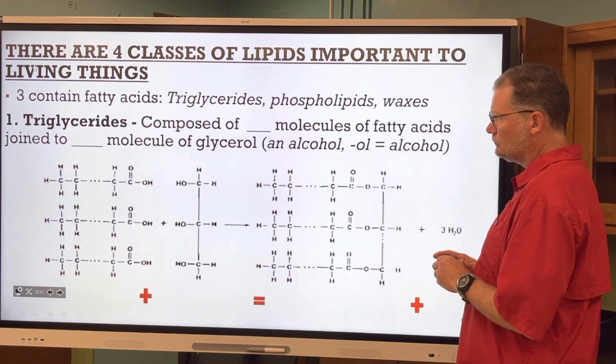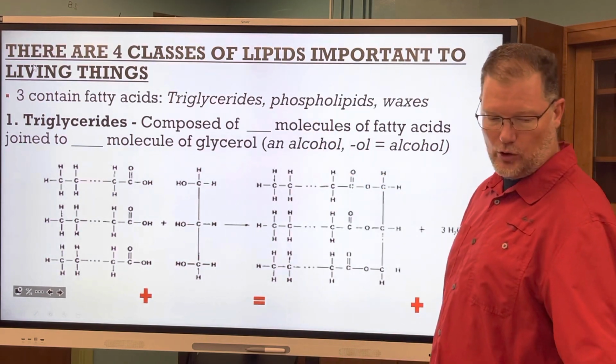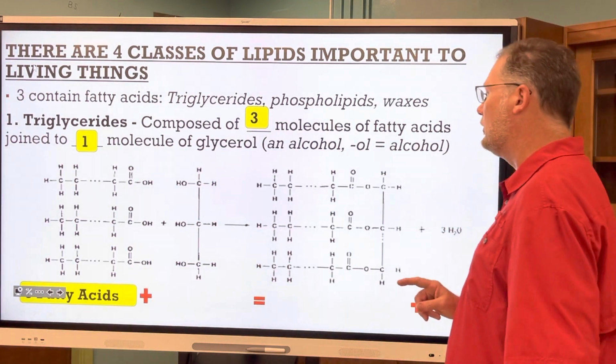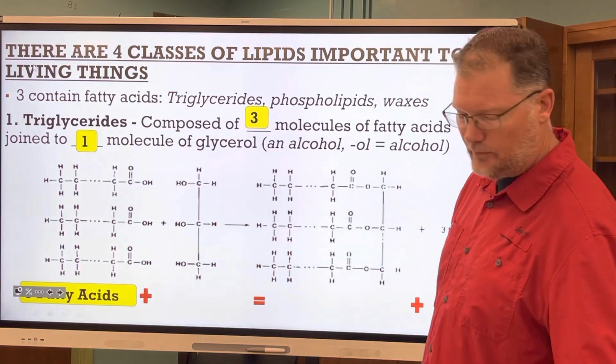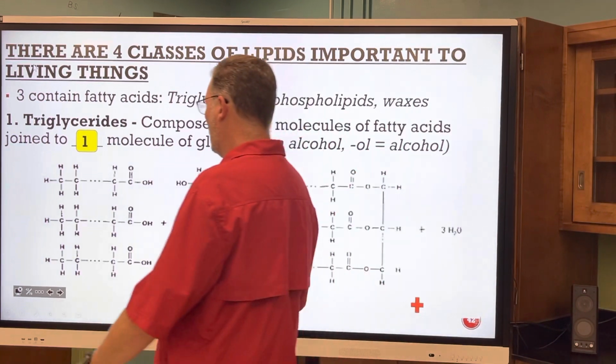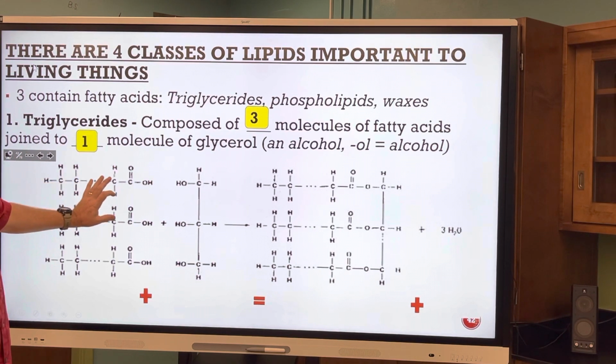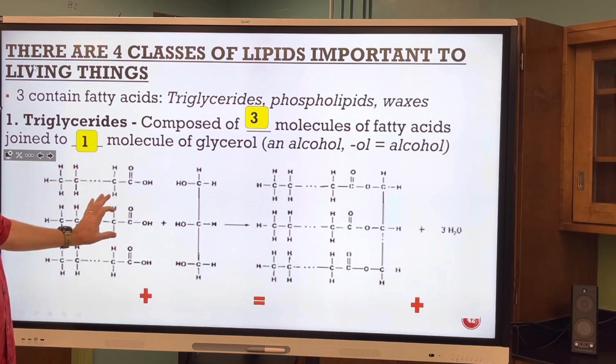So the triglycerides are composed of 3 molecules of fatty acids joined to 1 molecule of glycerol, okay? So if you look here, you've got the 1, 2, 3 fatty acids with the hydrocarbon chains going out this way, and the different ends, the different carboxyl ends, okay?